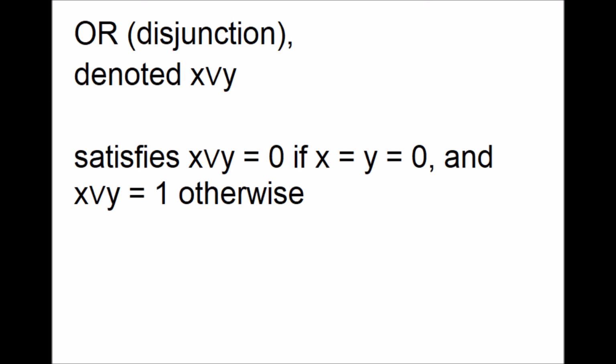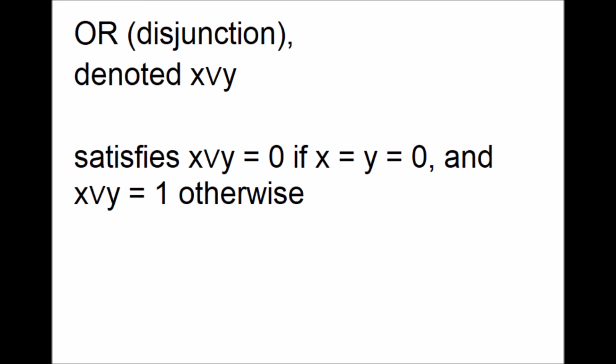Again, let's imagine that instead of 0 and 1, we have does not love and love. That means if x loves y, we have x equals 1, and y loves x, y equals 1. x or y means either x loves y or y loves x.